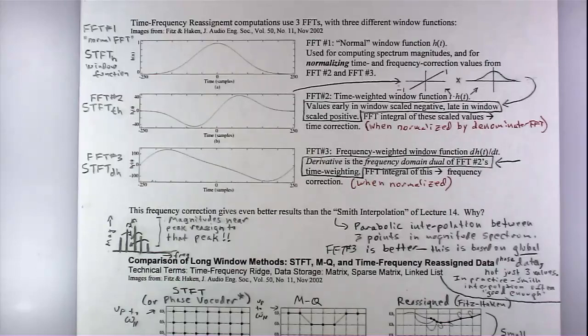So for every magnitude value you get out of each FFT, out of each window, you're going to improve its frequency and its timing. So the time reassignment for that bin will say, hey, did this frequency, whatever this magnitude is, occur on the left side of the window and not later? Is the center of gravity in the left, is it in the right, or is it all the time in the center? Is it uniform?